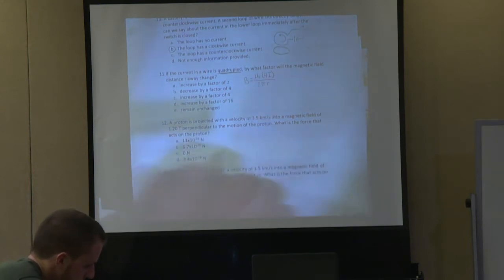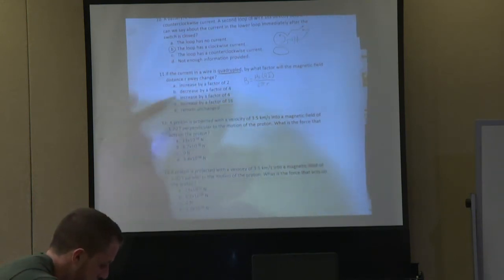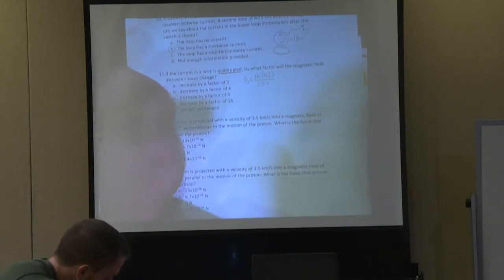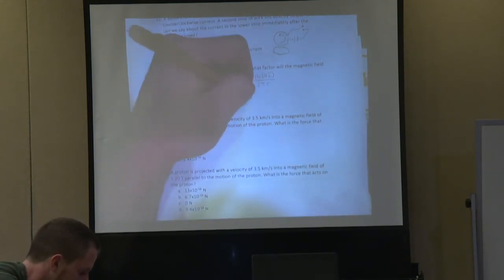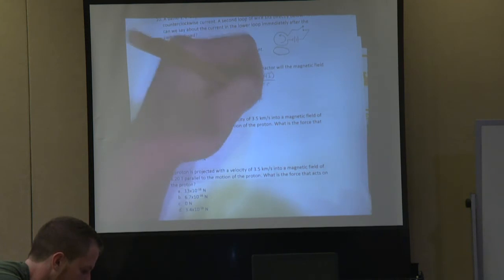So based on this, you can see that it's going to increase by a factor of 4, but if you want to pull it out just to double check, you could also look at it like this.